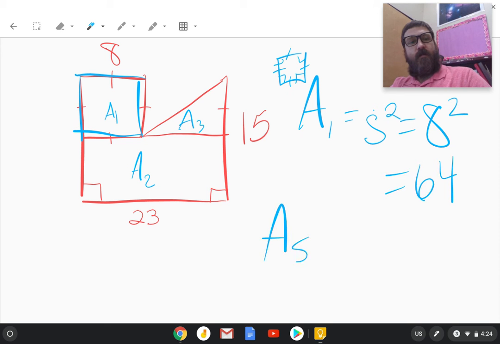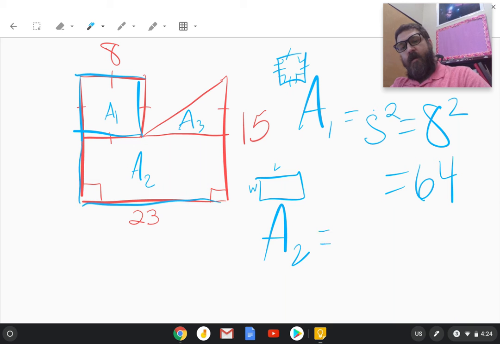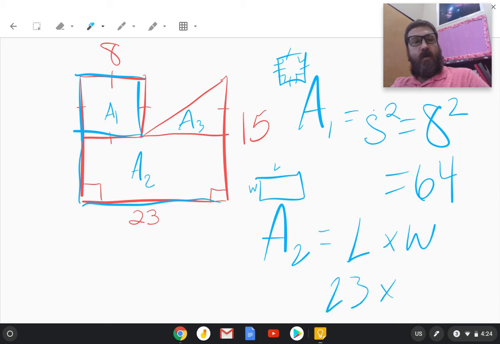Area 2 is a rectangle. Rectangles, we're going to multiply the length and the width. Now, we don't know right off the bat. We know that L is 23. We don't know what the width is, except we know this is 15.